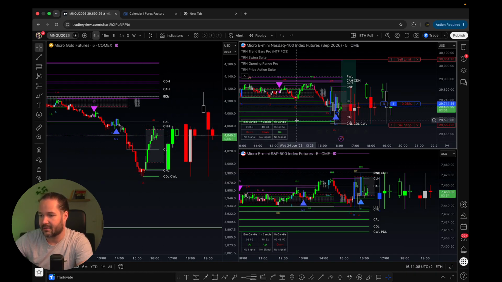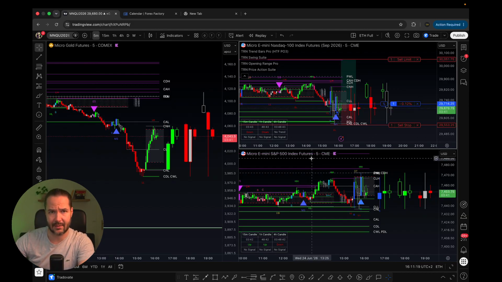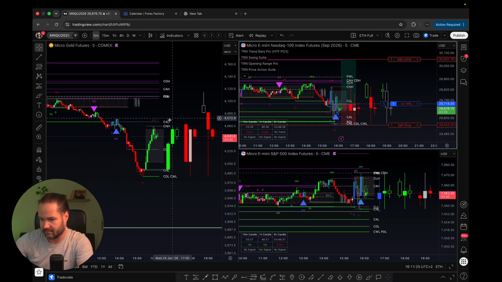If the big indices Nasdaq, S&P are very bullish, pumping, then often gold is not really catching up, or is even moving in the opposite direction. So it would be a match to be short here and long there.